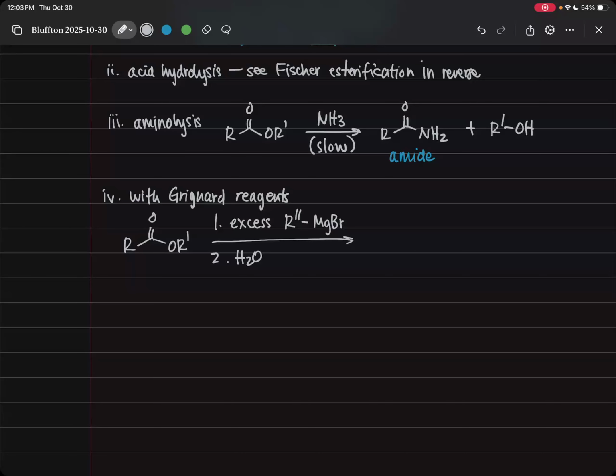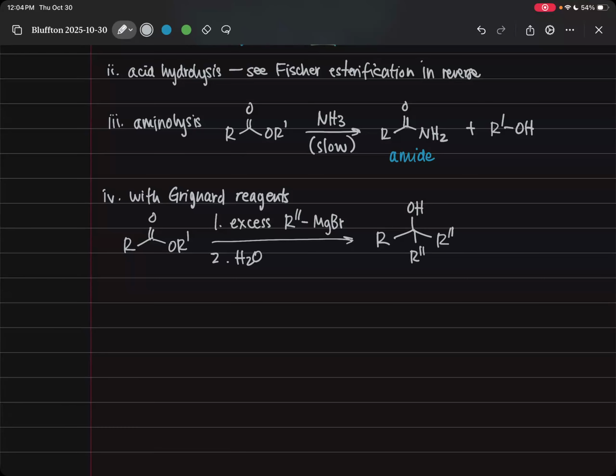You might think that if we just added one equivalent of the Grignard reagent that we could get an alcohol or something like that. But it turns out that that doesn't work. Instead, you are always going to add two equivalents of the Grignard reagent. So that product ends up looking like this.